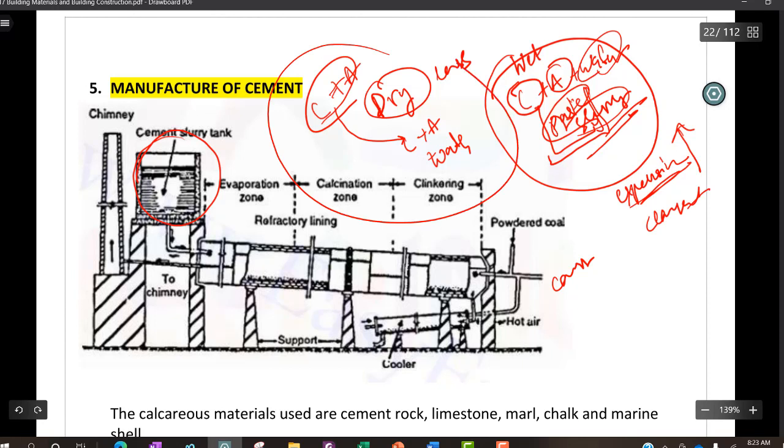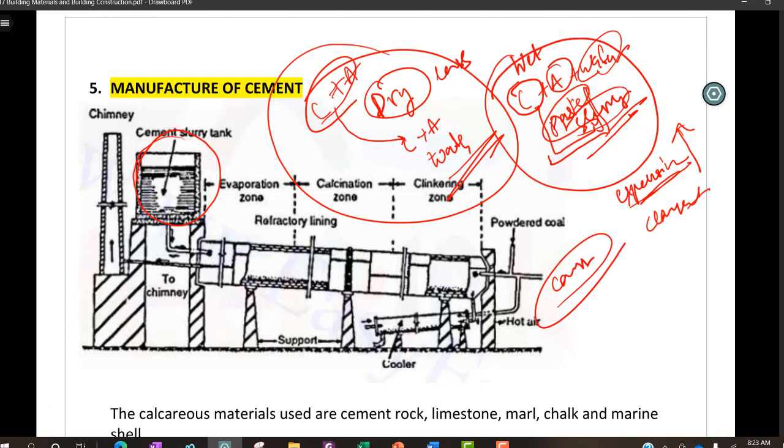Whereas in the dry process, as you are not adding much water to make the slurry, you need less fuel to evaporate it and make the cement powder. I hope it is very clear.